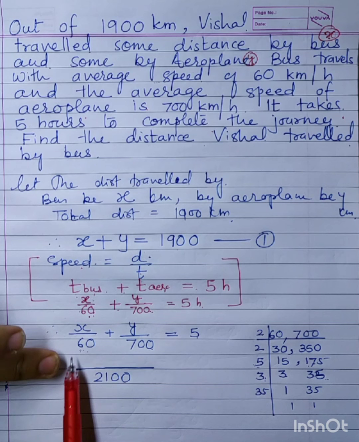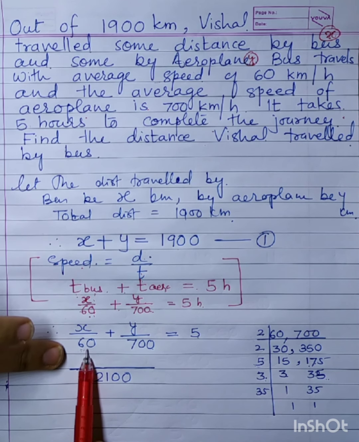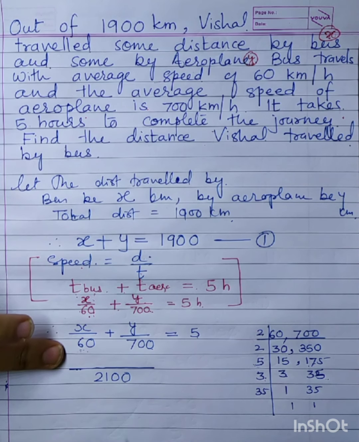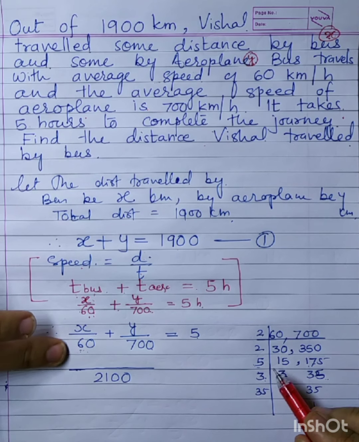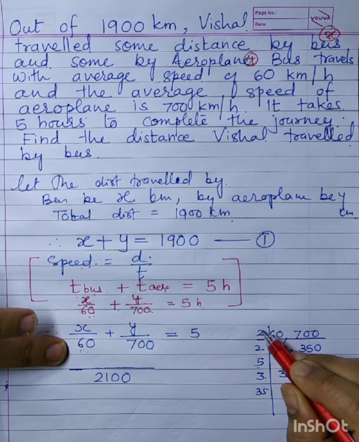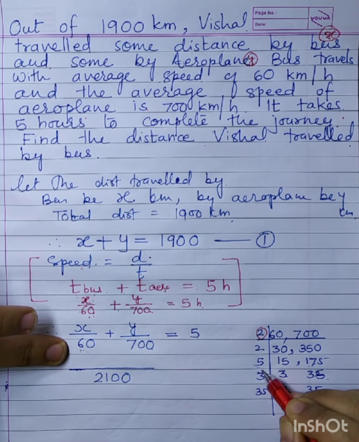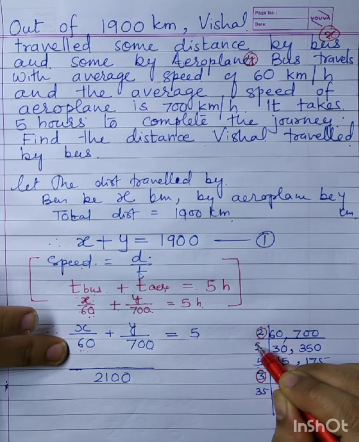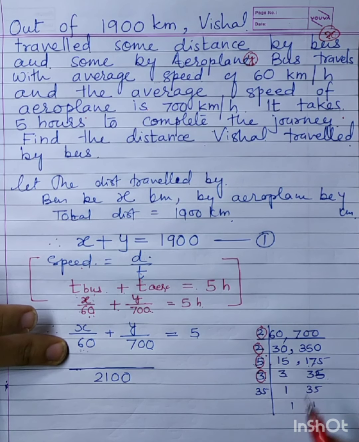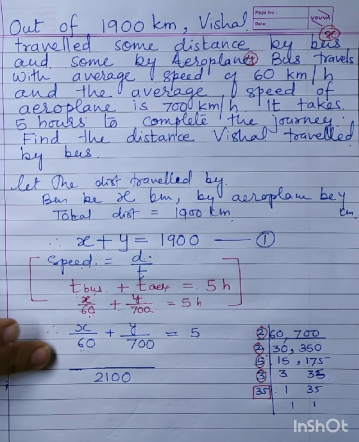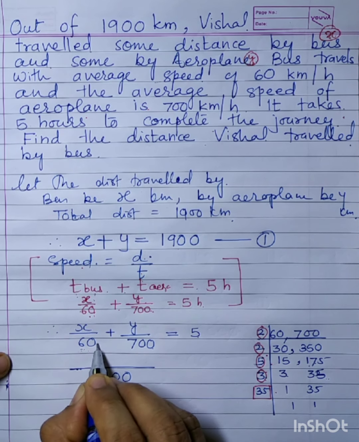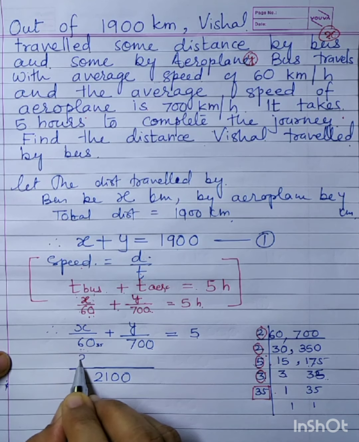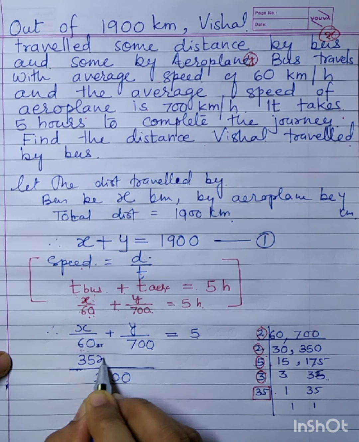Okay. Now the denominator of the first fraction is 60. By what number should it be multiplied in order to get 2100? Look at this part. First remove 60 from that: 2, 3s are 6 into 10, 60. What is left here, children? 35. So you need to multiply this by 35. Hence here you get 35x.